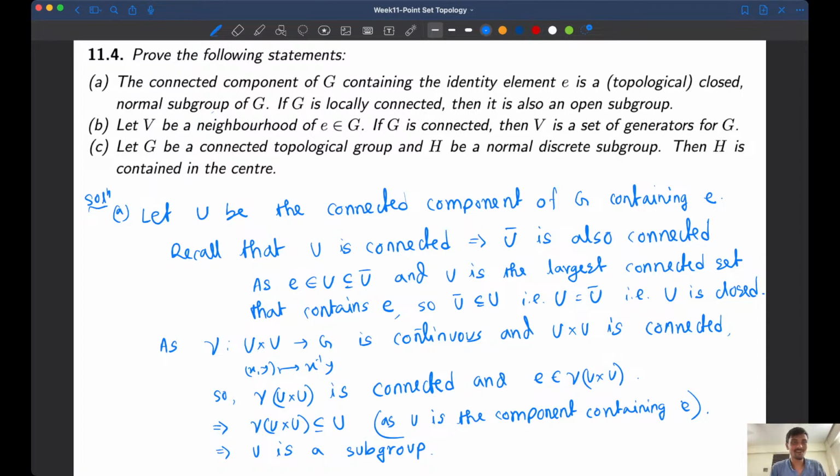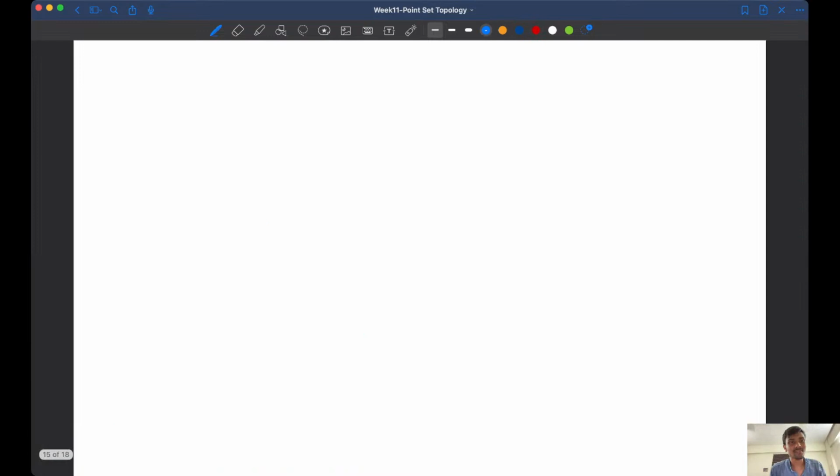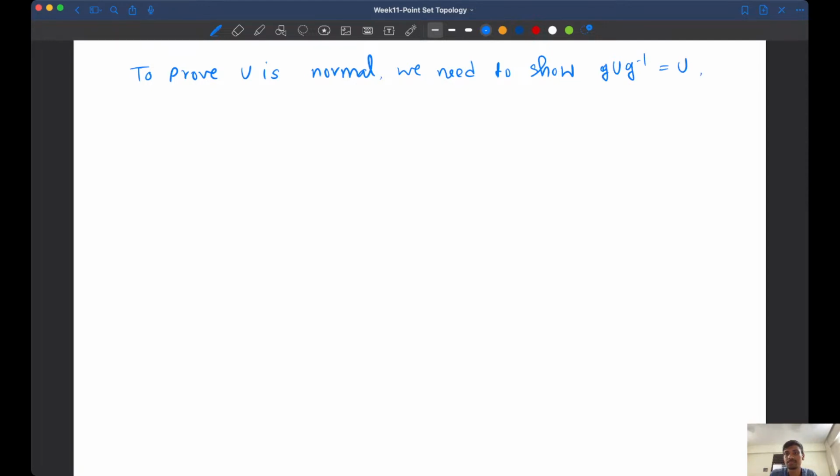So just normal thing is okay. To prove U is normal, we need to show, if I consider the conjugation, so basically we need to show g U g inverse is actually U for all g belongs to G. This is the normality thing.